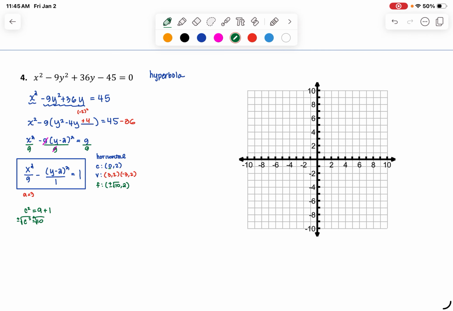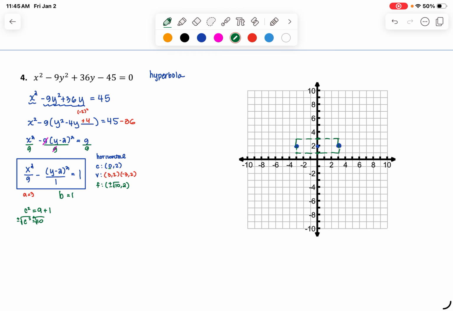All right, now I'm ready to graph. All right, my center is 0, 2, right there. My vertices are 3, 2 and negative 3, 2. And then my b value is 1. So I'm going to go up 1 and down 1, and then I'm going to make this into a rectangle.